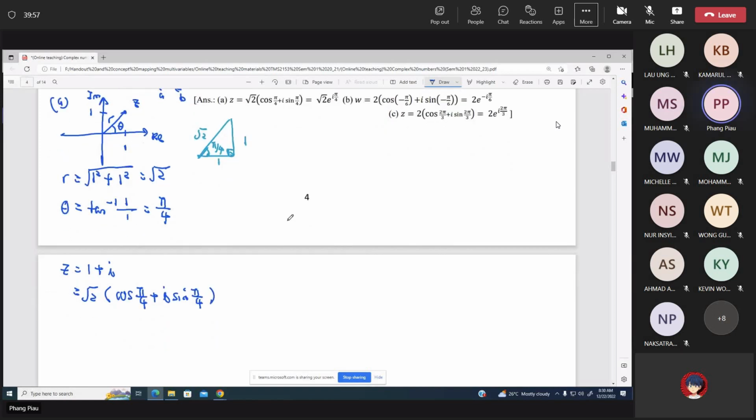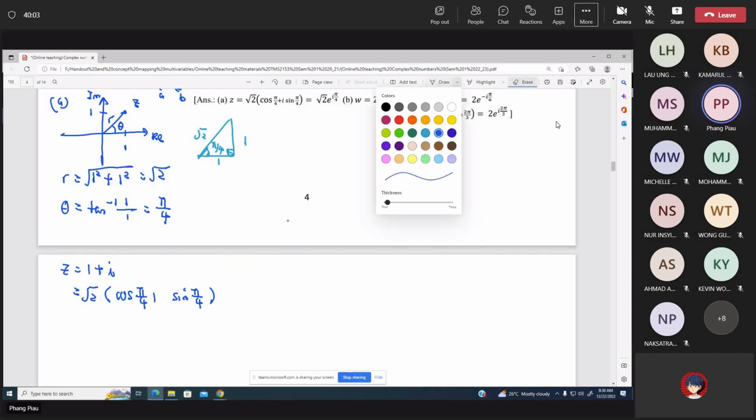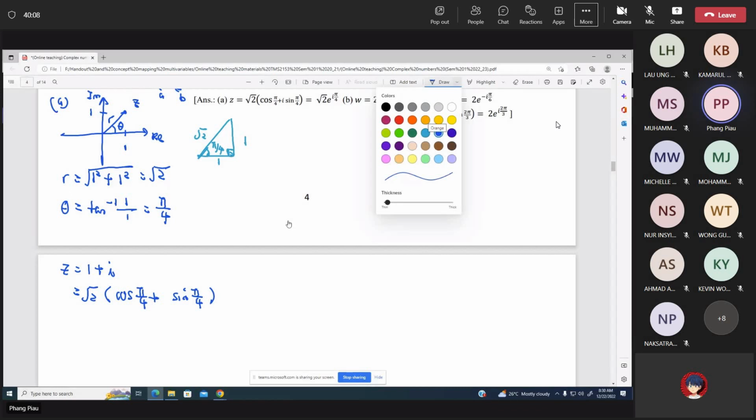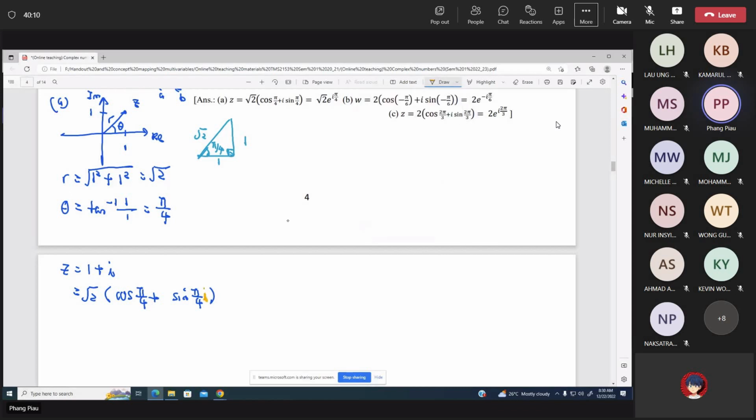There is a reason why mathematicians put the i here. Simply because if you put the i on the other side, then sooner or later you will think that this i belongs to the angle psi, which it does not.